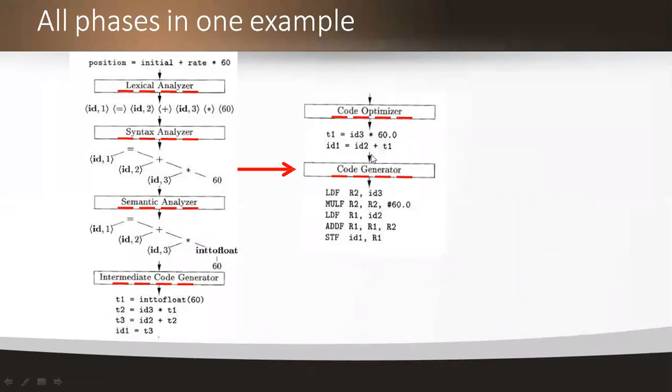Again, we are checking whether there is any change in the meaning of the source string. Checking ID1 is equal to ID2 plus T1. What the T1 is? ID3 into 60.0. That is the source string from the lexical analyzer, isn't it? So after generating the intermediate code, the representation has the same meaning, without changing the meaning, as it is when we perform the code optimization also.